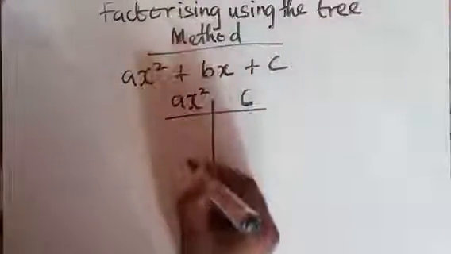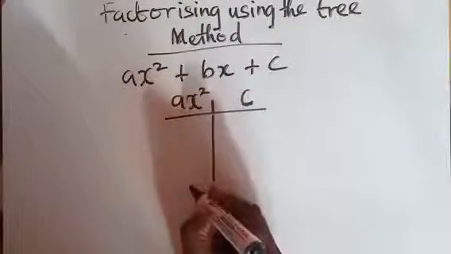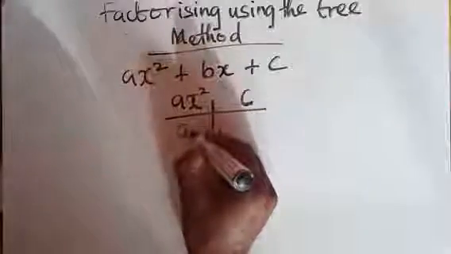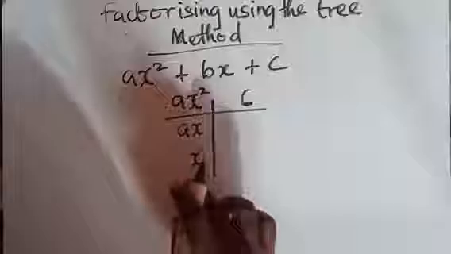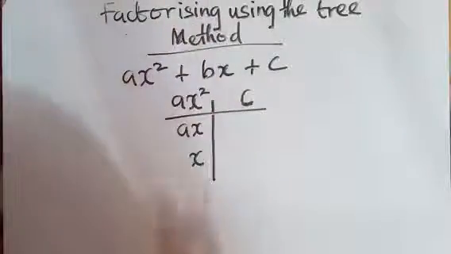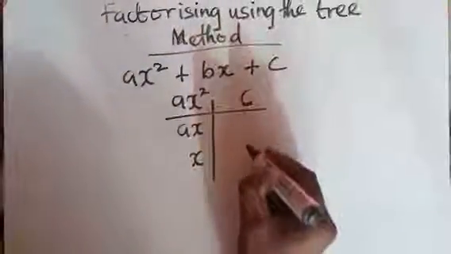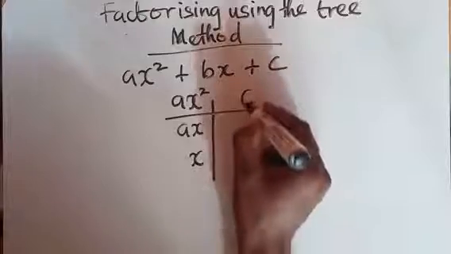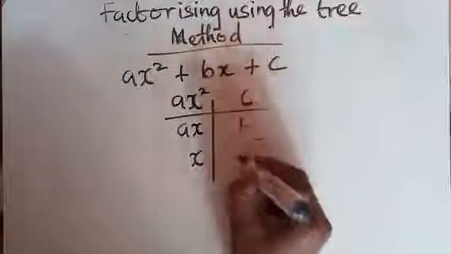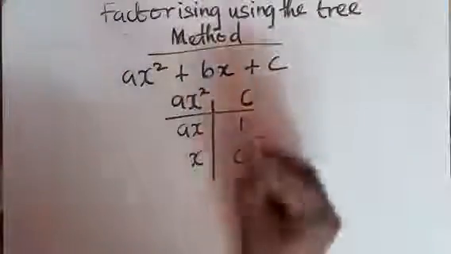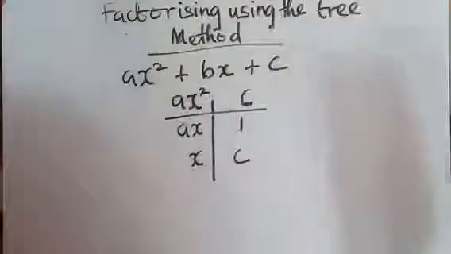Then we find 2 factors of ax squared that when we multiply, we get ax squared. If I want to split ax squared, I'm going to get ax times x. So x times ax will give me ax squared. Likewise, 2 numbers that when I multiply I get c are, let's say, 1 times c, which gives me c.